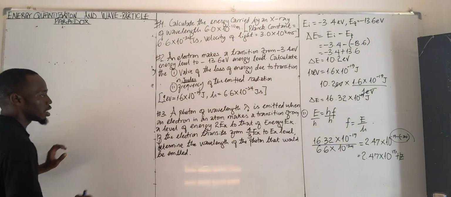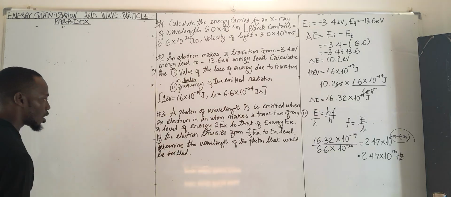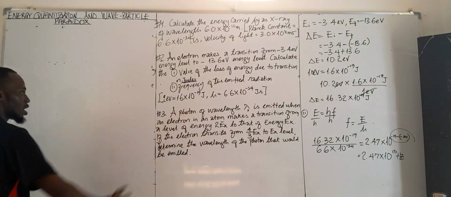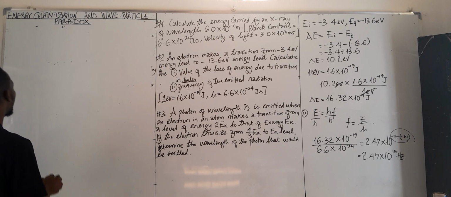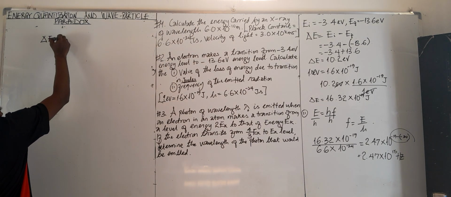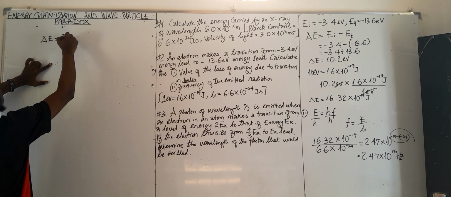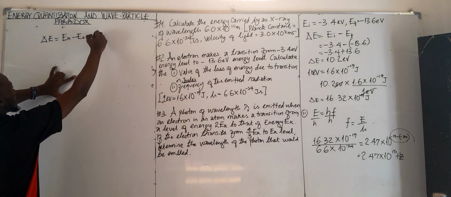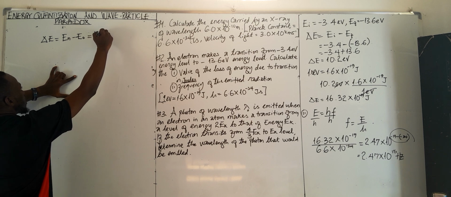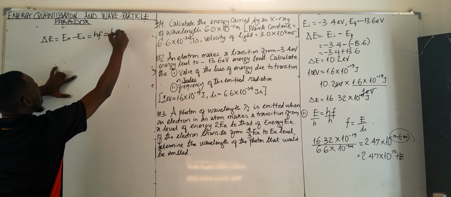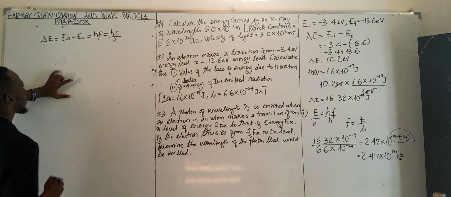Now, let's translate all this English, all this grammar, into a mathematical term. We all know that change in energy is En minus E naught, the same thing as hf, or equal to hc over lambda.